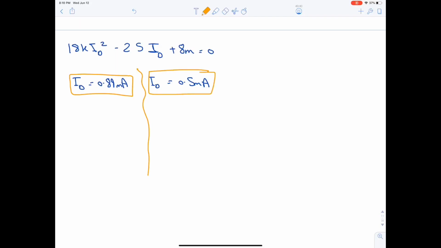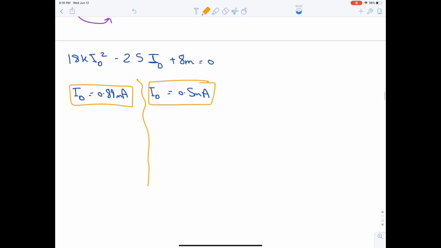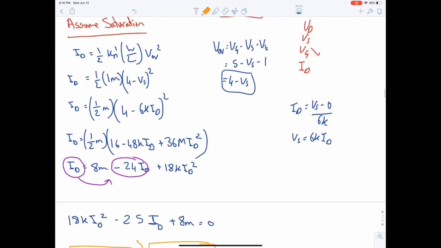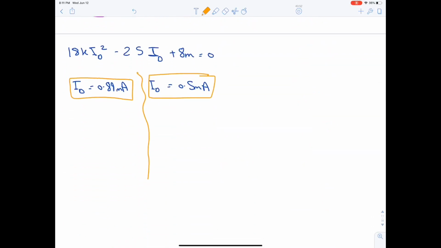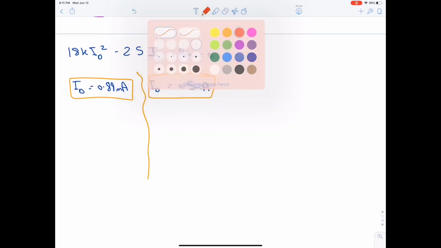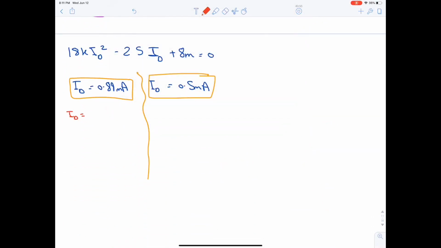Now, finding VD from ID is done through Ohm's law. ID is equal to 10 minus VD over 6K. Hence VD will be equal to 10 minus 6K multiplied by 0.89 milli, which will result in 4.66 volt.